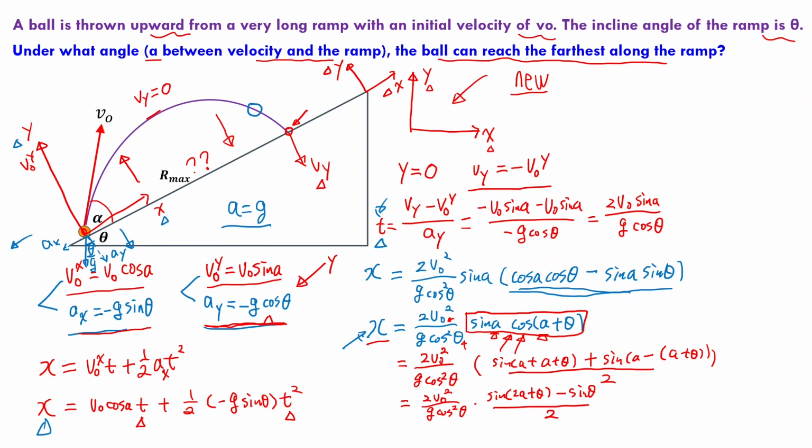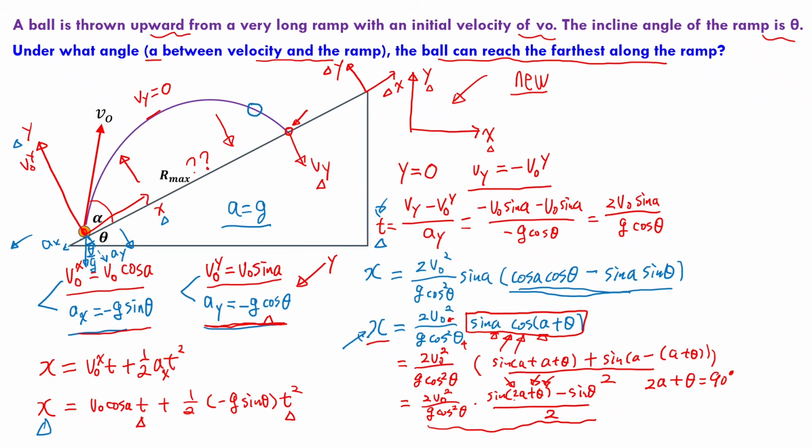You can see that in this new equation, only this term is changing. All the other terms are constants. So if we can maximize this term, then we will maximize my displacement. How can I make sure sine of 2 alpha plus theta is the largest? We just let 2 alpha plus theta equal 90 degrees.